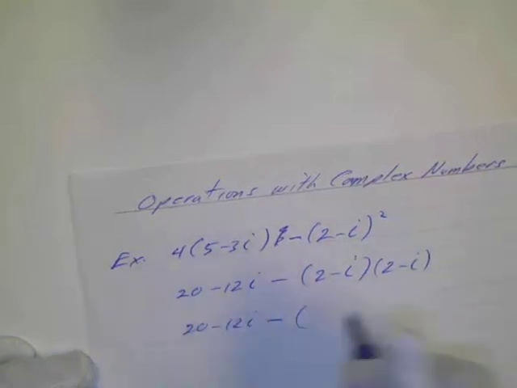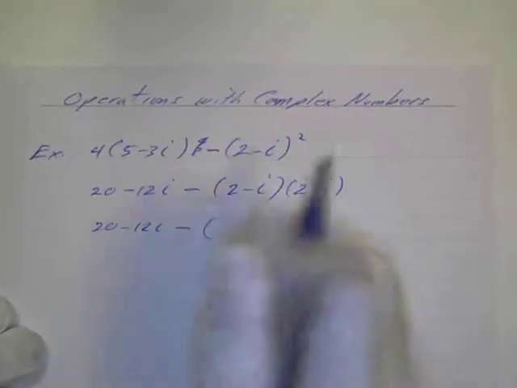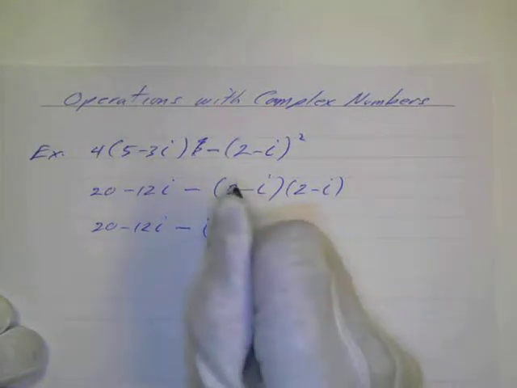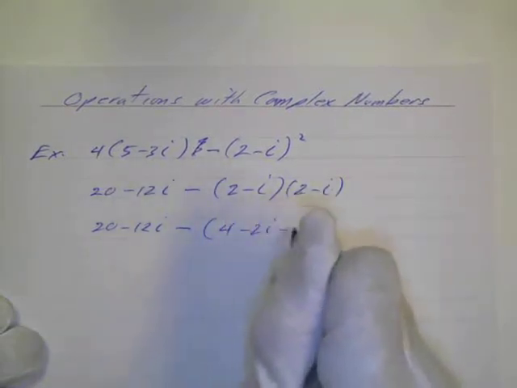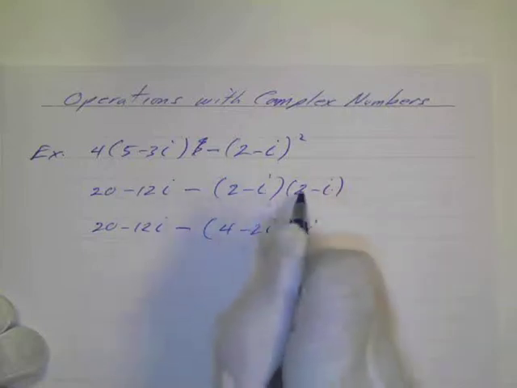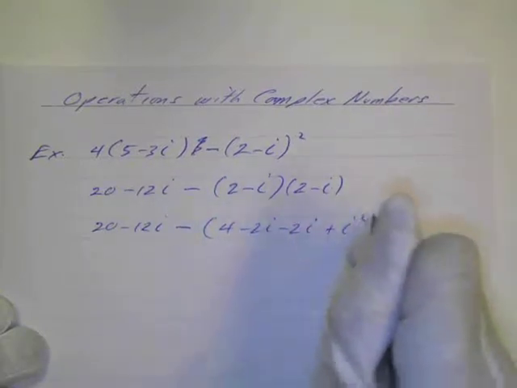And then I'll multiply this out using the FOIL process. So I've got 4 for the first terms, then negative 2i and negative 2i, and a negative times a negative is a positive i squared, which is just negative 1.